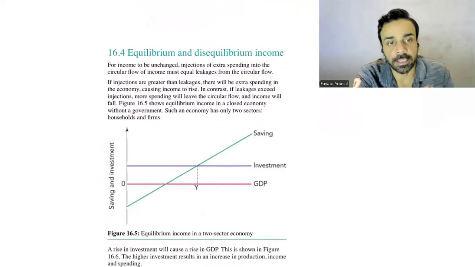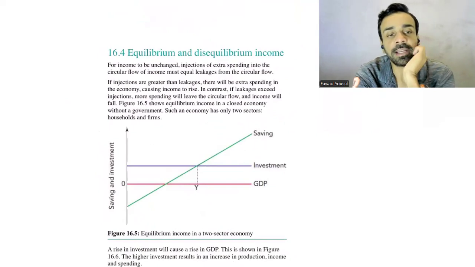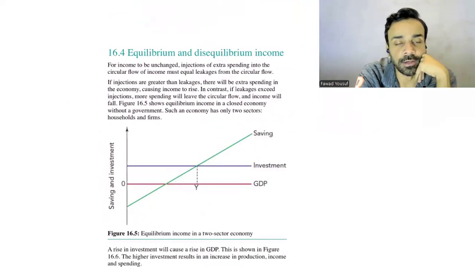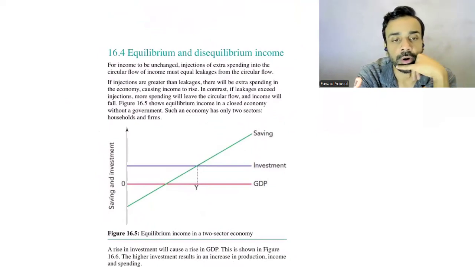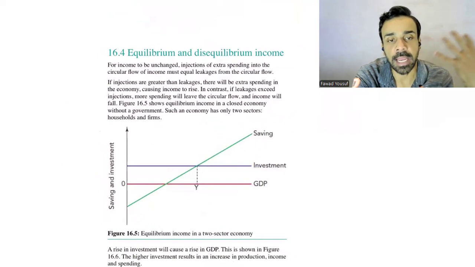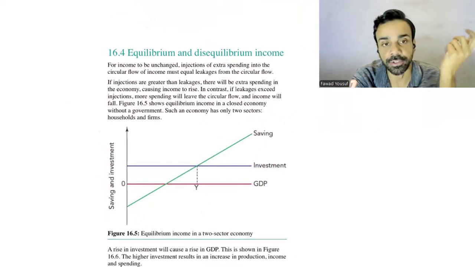What is this diagram? When I teach this particular diagram, I go into the detail of how this diagram actually came about. Okay? And there's a much larger explanation for it.